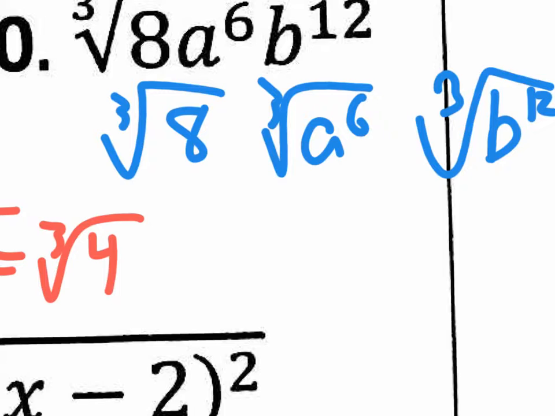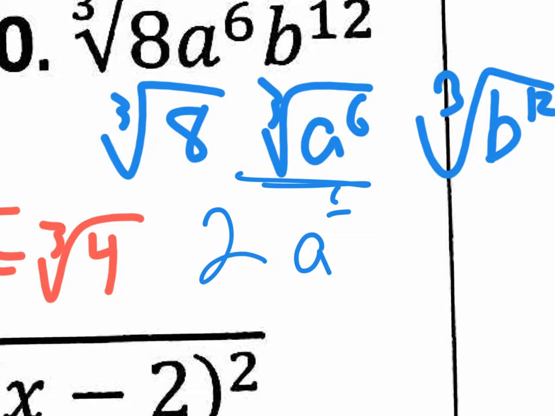What times itself 3 times is 8? 2. And now right here, if you rewrite that as a rational exponent, that's going to be a to the what power? 6 over 3, right? And what's 6 over 3? So you really have 2a squared, because 6 over 3 is 2.